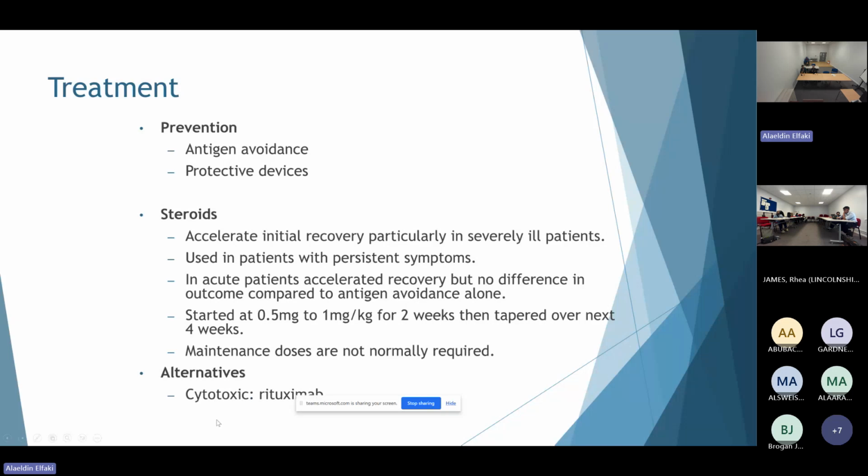Rituximab or cytotoxic drugs might be considered, but I'm not quite sure about the evidence, and it is unlikely to get a good response from them.